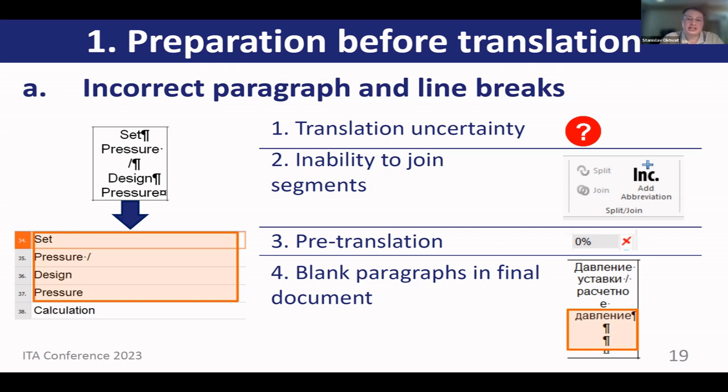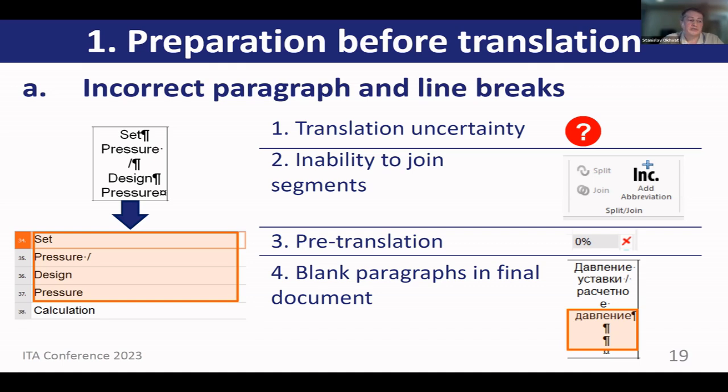The third difficulty is pre-translation. These incomplete segments will not be pre-translated unless a PM or a translator merges the segments first. And if the pre-translated segments become locked, which is a common procedure among many LSPs, some of these segments may get pre-translated and locked, and the translator will need to contact the project manager in order to unlock these segments.